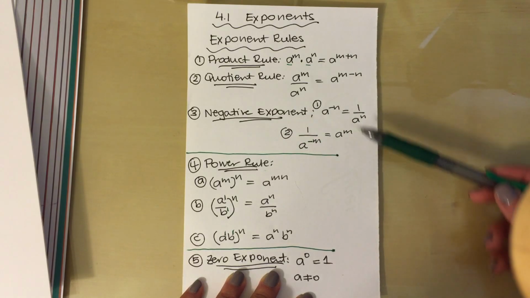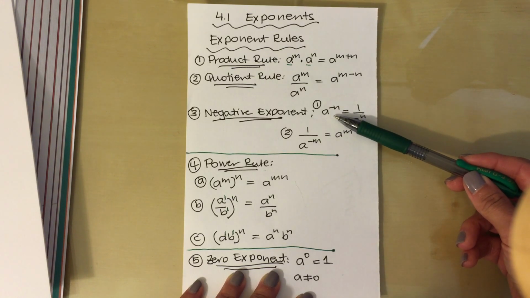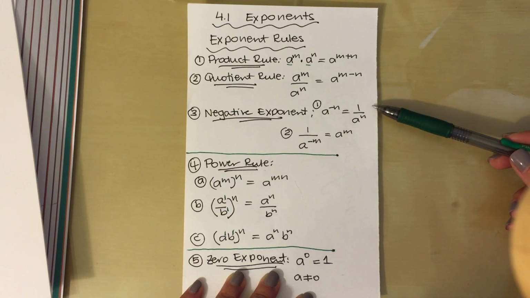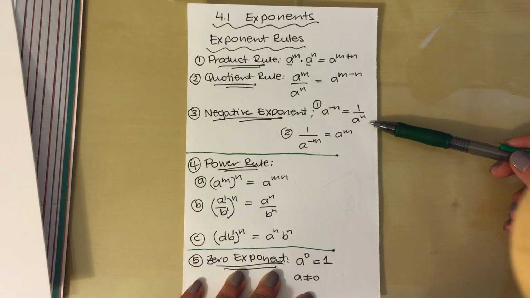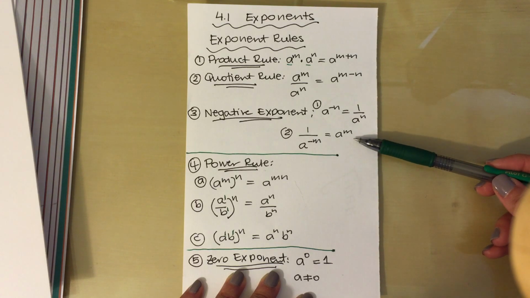Negative exponent rule, there are 2 possibilities. If you have a negative exponent in the numerator, you can rewrite it so that you write 1 over a to the positive n, and this makes your exponent positive. If you have a negative exponent in the denominator, we write it as a to the positive m in the numerator.